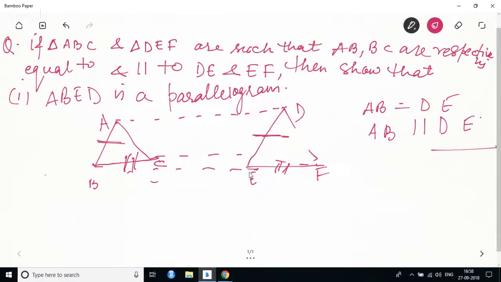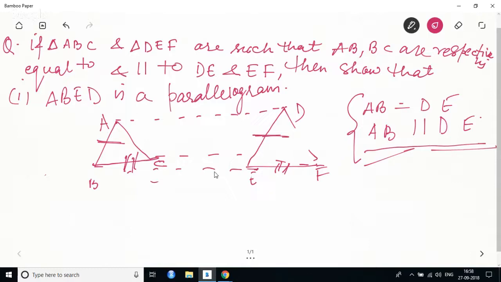Also try to understand ABED. Now only A, B, E, D are involved. BC and EF are not involved here, guys. Always remember this question is not difficult. This question was just about remembering the converse theorem. And what was the converse theorem? That for any quadrilateral, if opposite sides are parallel and equal, it has to be a parallelogram.